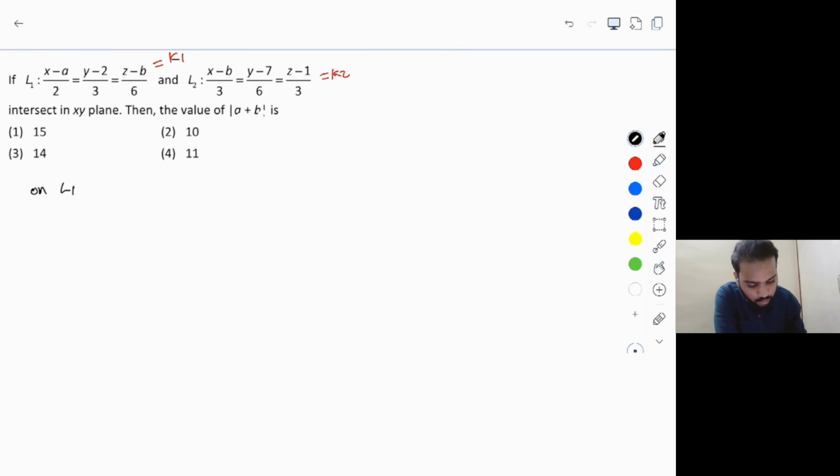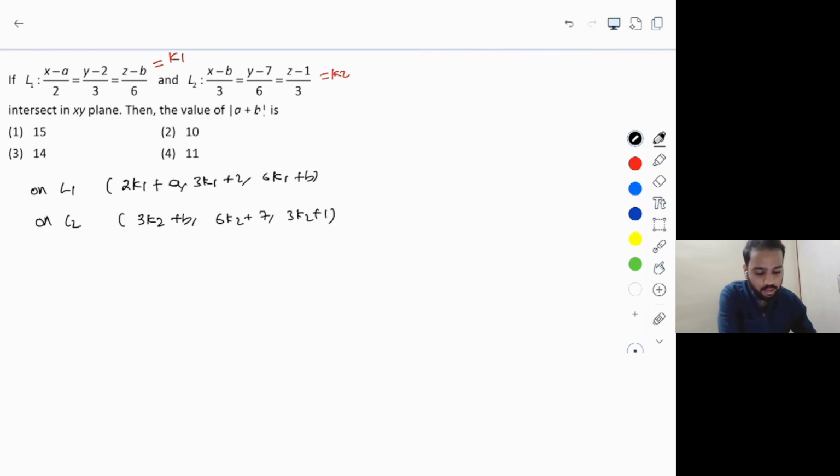So on L1 the point is 2K1 plus A, 3K1 plus 2, 6K1 plus B. Similarly, on the line L2, the general point can be taken as 3K2 plus B, 6K2 plus 7, 3K2 plus 1.